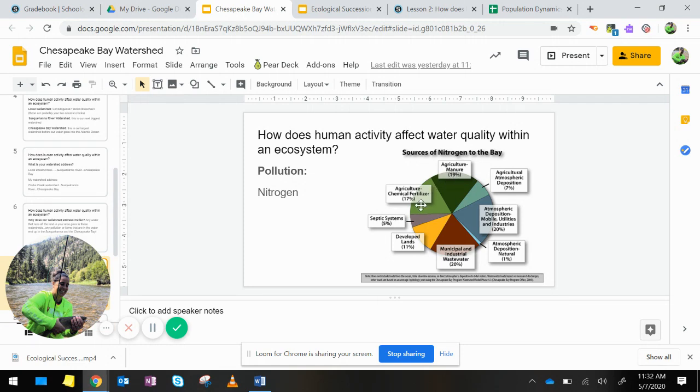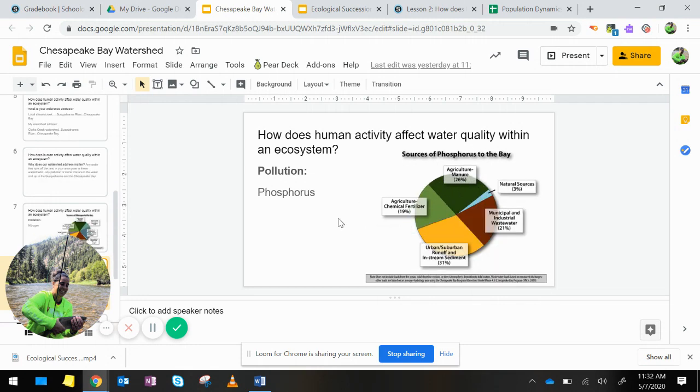If you have gardens and things like that, or flower beds, septic systems, which most of us have, developed lands, so even like your grasses and doing landscaping, stuff like that, municipal and industrial wastewater, those are all contributing factors to sources of nitrogen in the bay.